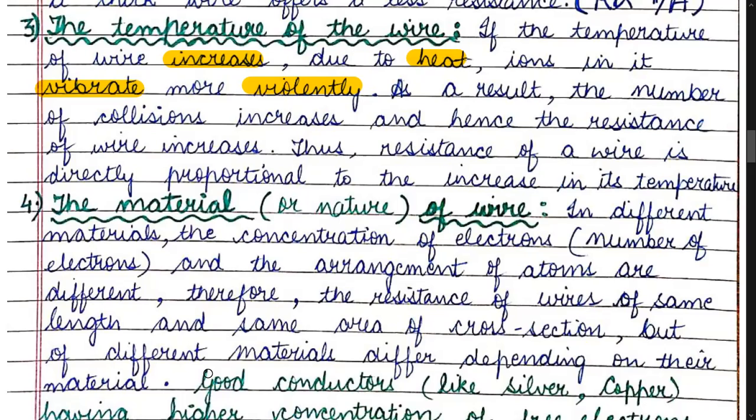And as you have already learned in your lower class, that heat causes vibration of the molecules. Now, as a result, the number of collisions increases and hence the resistance of wire increases. Thus, resistance of a wire is directly proportional to the increase in the temperature of the wire.